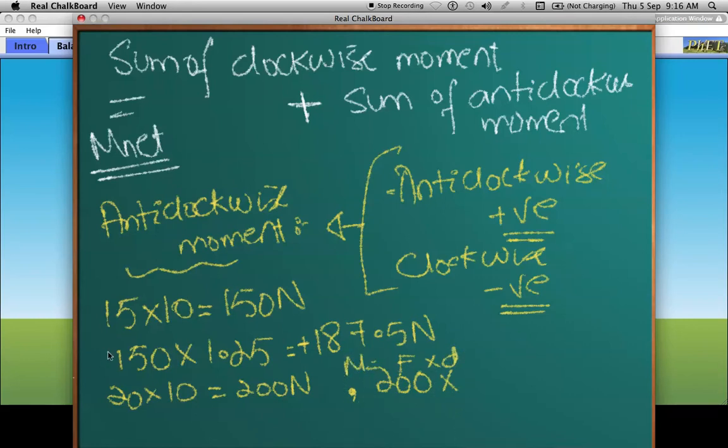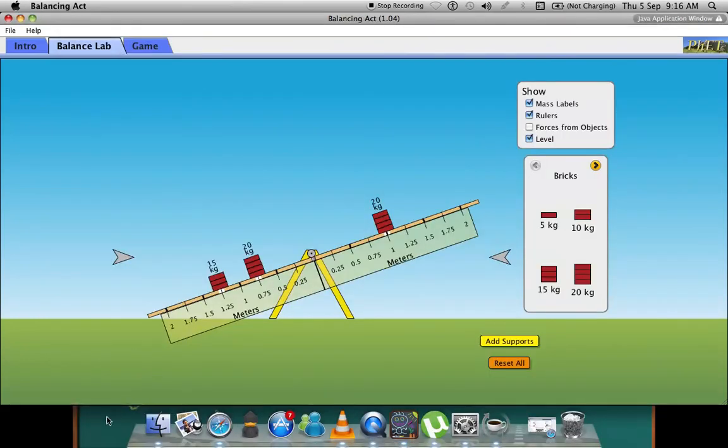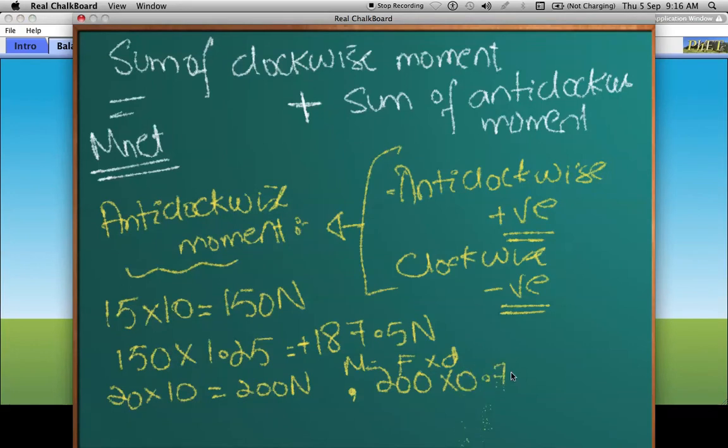So 200 times 0.75, which is 150 newton meters, again with a positive sign, because it will produce an anti-clockwise moment.